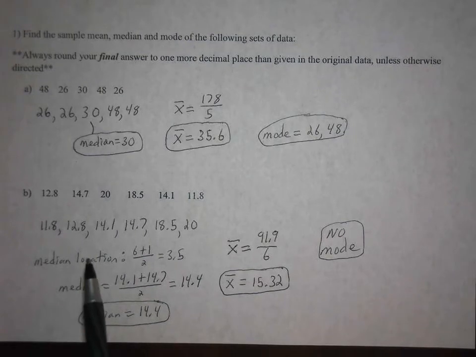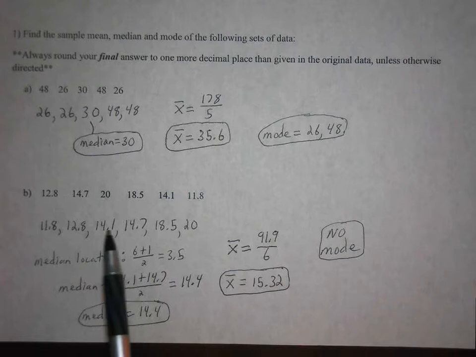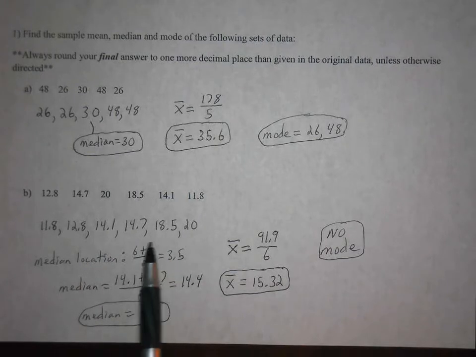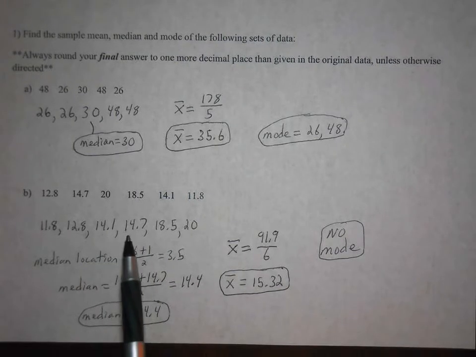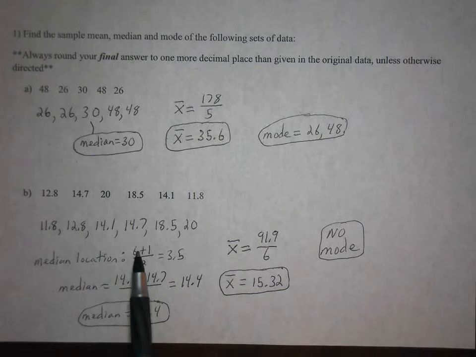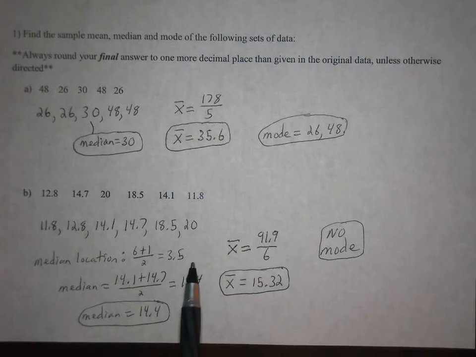When you look at the median, once you list the data values in order from smallest to largest, this one has an even number, 6, of data values. When you do 6 plus 1 divided by 2, you get 3.5. That means you count 3.5 data values into your data.